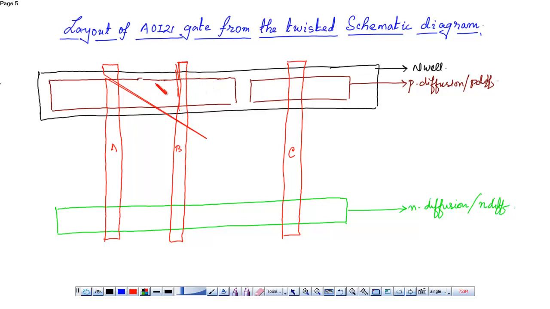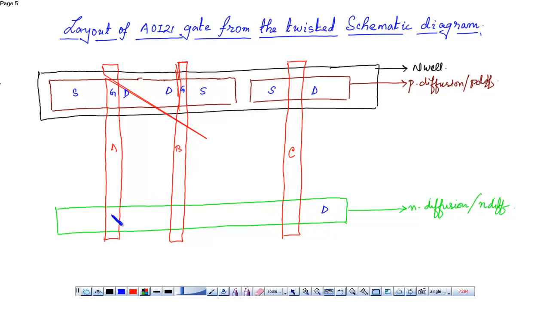Okay, now we have to connect. This is the source, gate and drain. Similarly this is the source, gate and drain. This drain was connected to the source and drain.